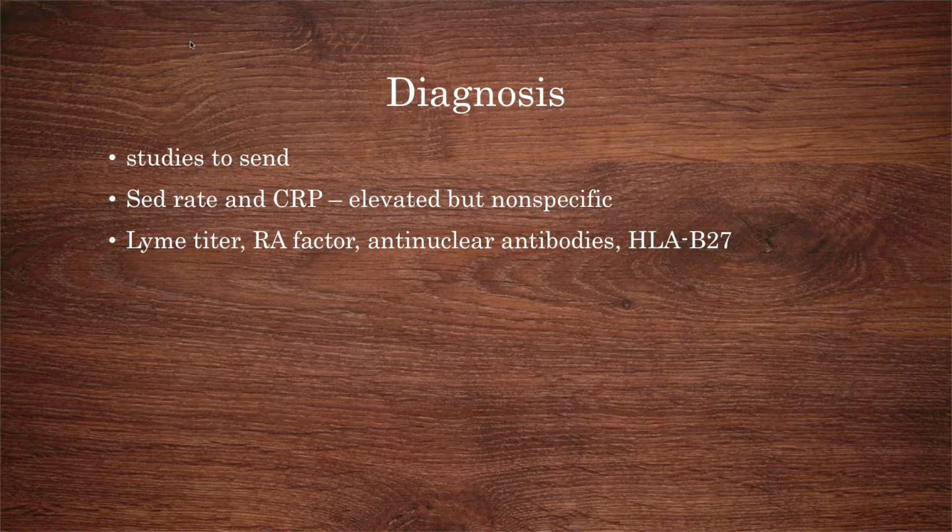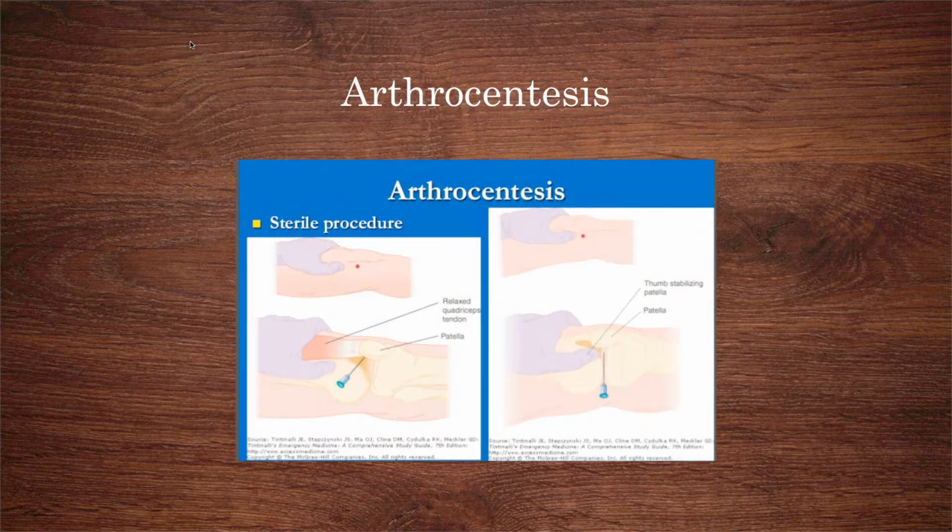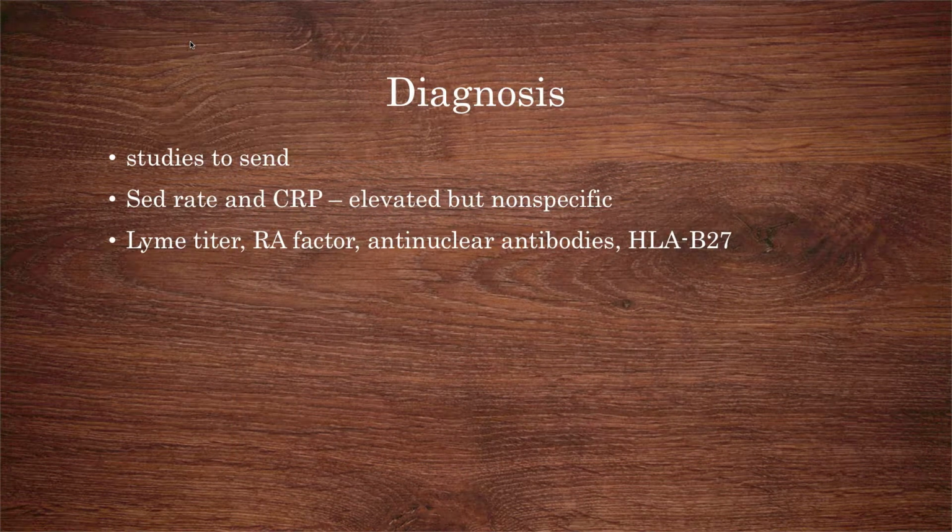Studies to send. ESR and CRP are going to be elevated in your inflammatory as well as your infectious joints, so they're non-specific. What about sensitive? Not sensitive really at all, because as far as what I read, they'll be elevated in your inflammatory, in your gout, in your septic.